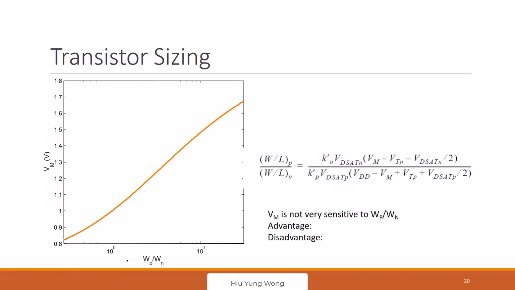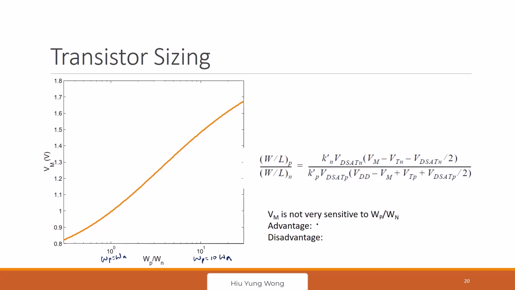Here means that WP equals WN. Here means that WP equals 10 WN. So I increase the ratio by 10 times, and the VM only increases by about 0.4. So it's not very sensitive in the nowadays case. What is the good thing about not sensitive? It's always about the same.